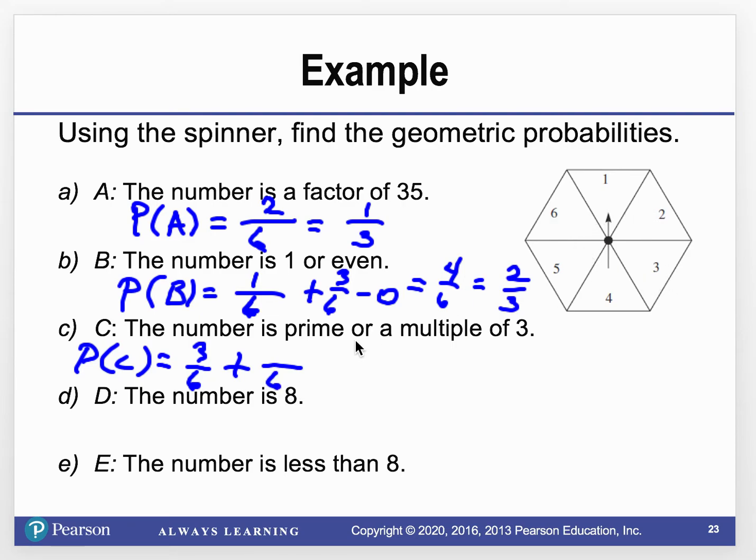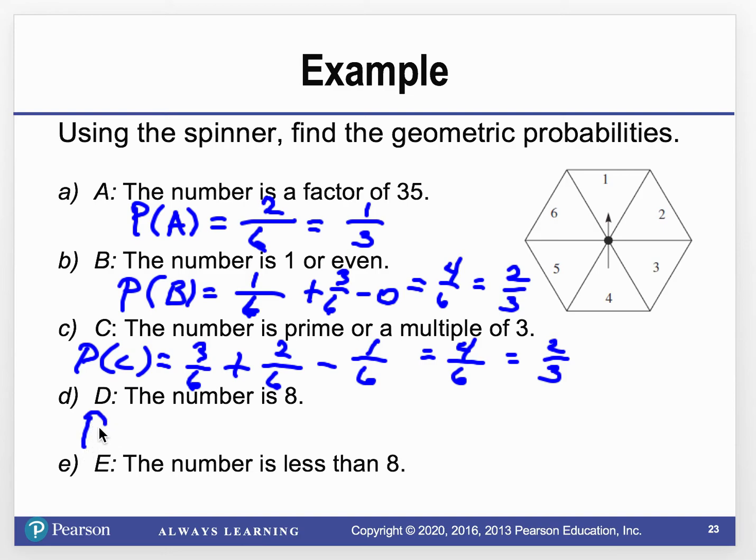Well, that's 3 and 6. So there's 2 of those, minus the ones that are prime and also a multiple of 3. There's one that's in both categories. I counted that 3 right here, and then I counted it again right here, so I've got to take one of those off. So 5 minus 1, well, that has the same probability as our previous question.